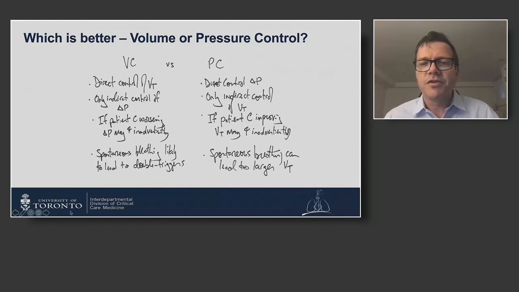On the other hand, with pressure control, they may be less likely to double trigger, but if they're spontaneously breathing, you've completely lost direct control over tidal volume, because the patient can augment the pressure that you're pushing in. If they make negative pressure on the other side, the ventilator will just give more flow to try and maintain the positive pressure, and they can basically take as much tidal volume as they want. So there's pros and cons on either side. You just need to be aware of them.